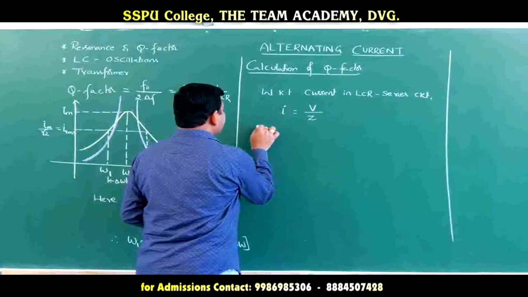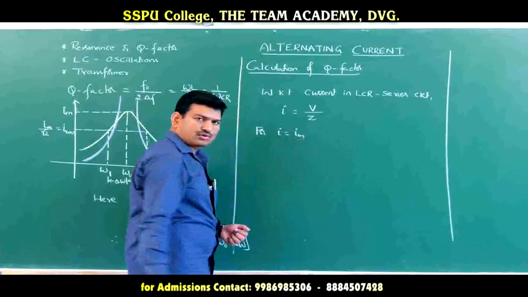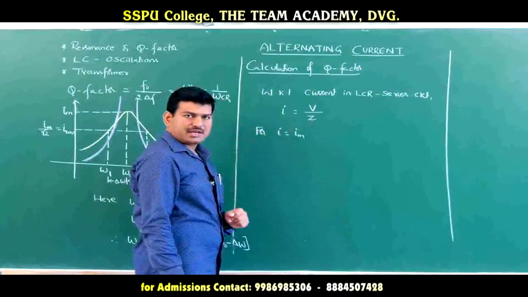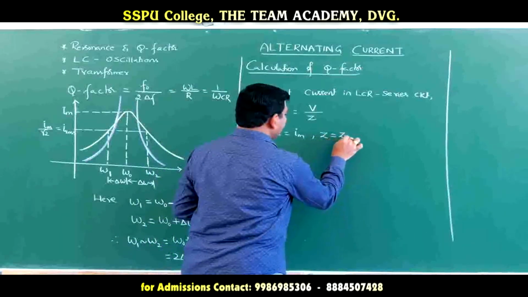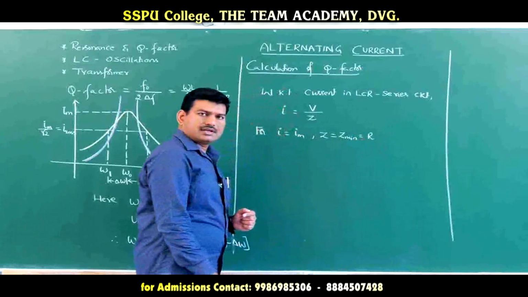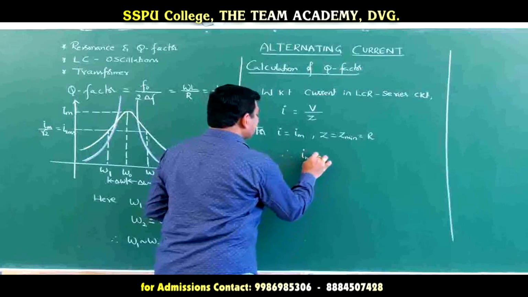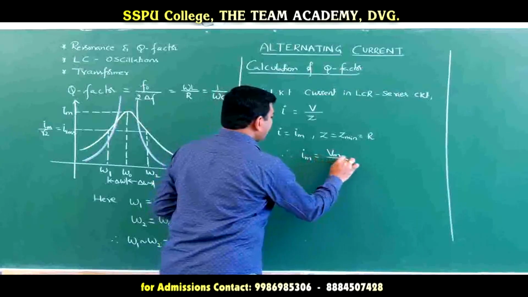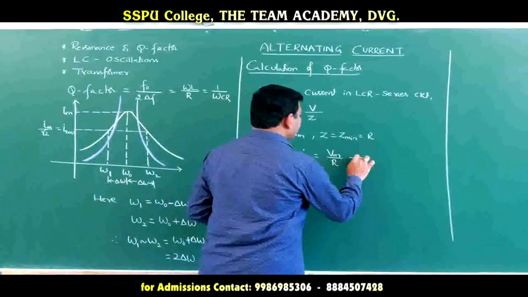For I is equal to I maximum, impedance will be minimum. And the minimum value of impedance is what? Z is equal to Z minimum, and that minimum value is equal to R. Yes or no? Therefore, I can write I maximum is equal to Vm divided by R. Yes or no? Now take it as equation number 1.